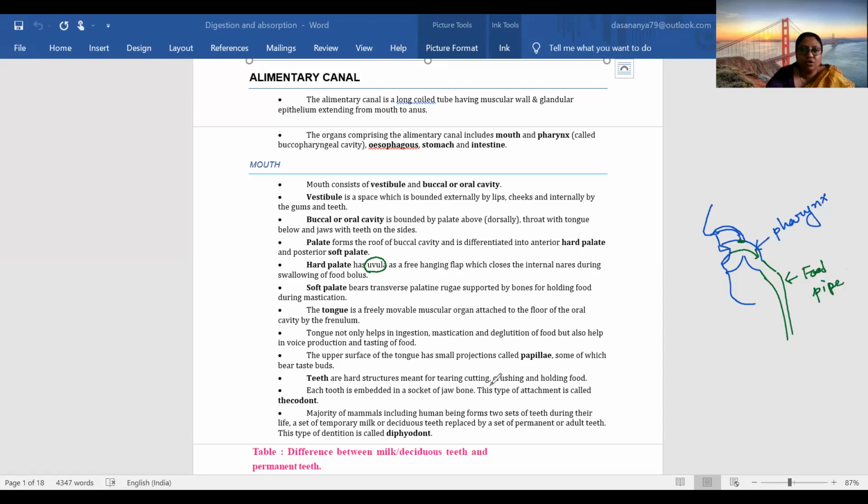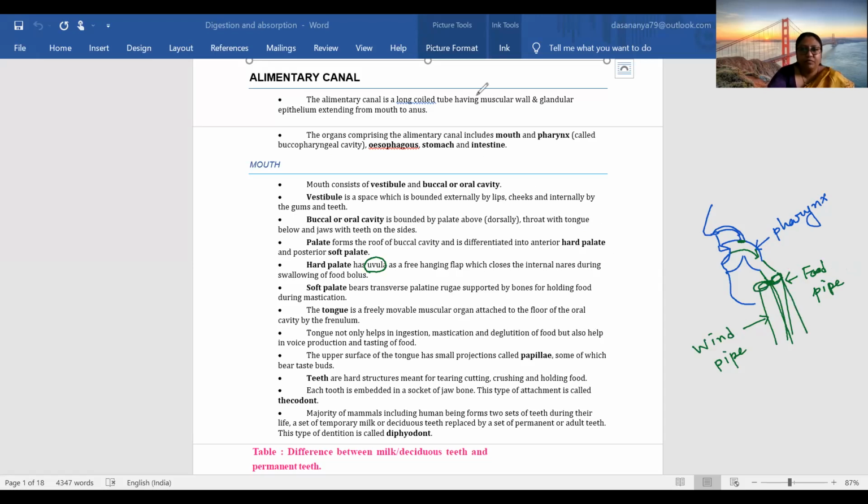Okay, so here by the side of this is the windpipe. They are just side by side.